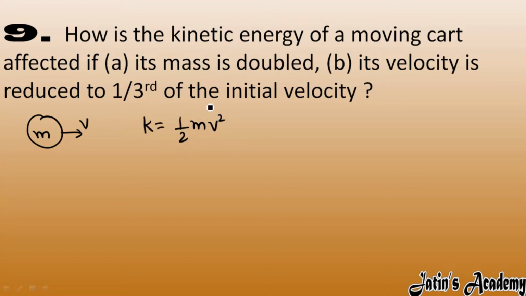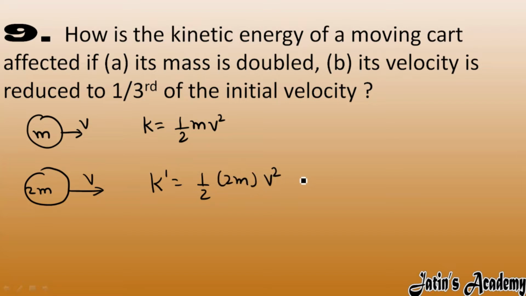Now we have to calculate the energy when the mass is doubled. It means that we have to calculate the kinetic energy in terms of the initial kinetic energy. So a body whose mass is 2m moving with velocity v. So kinetic energy K dash is half into 2m into v square.